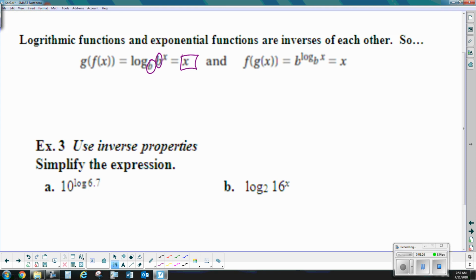And f of g of x, where you have b to the power of log base b of x, is also equal to x.